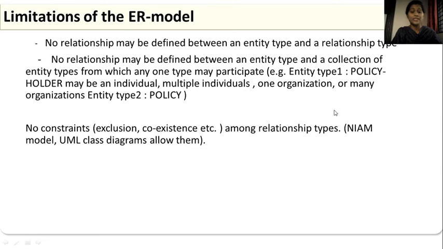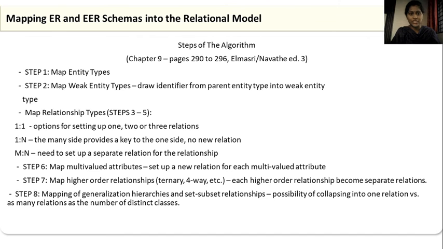What happens here? There are many cases where we are not able to draw a relationship, and no constraints like exclusive and coexistence can be expressed among relationship types. The UML class diagram allows them. So instead of the ER model, you can use UML diagrams to overcome all these limitations.